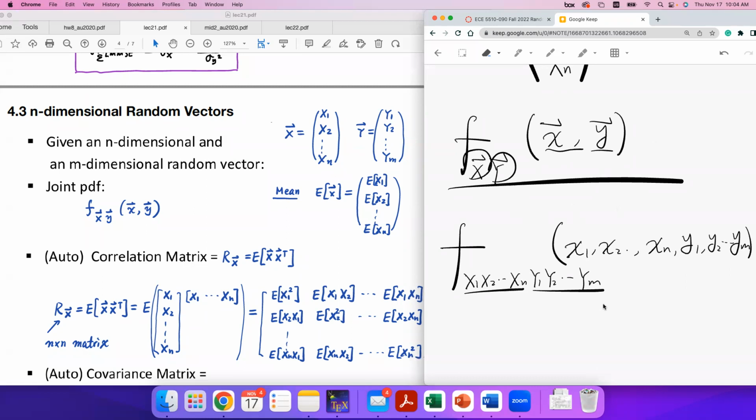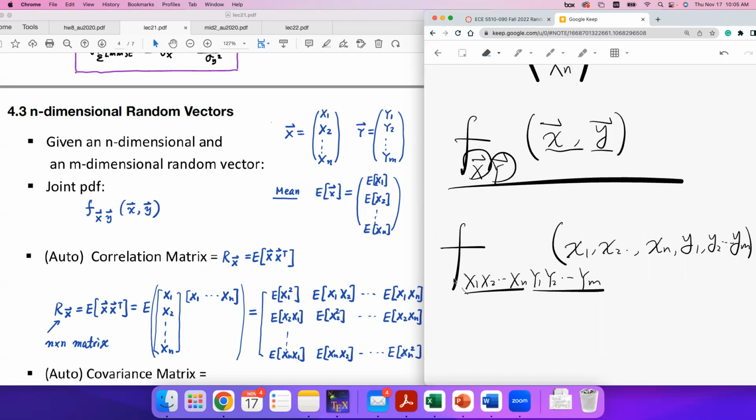Right. So everything is a straightforward extension of the two random variable case. Before we have x1, y1, the two random variables, but now everything can be extended.